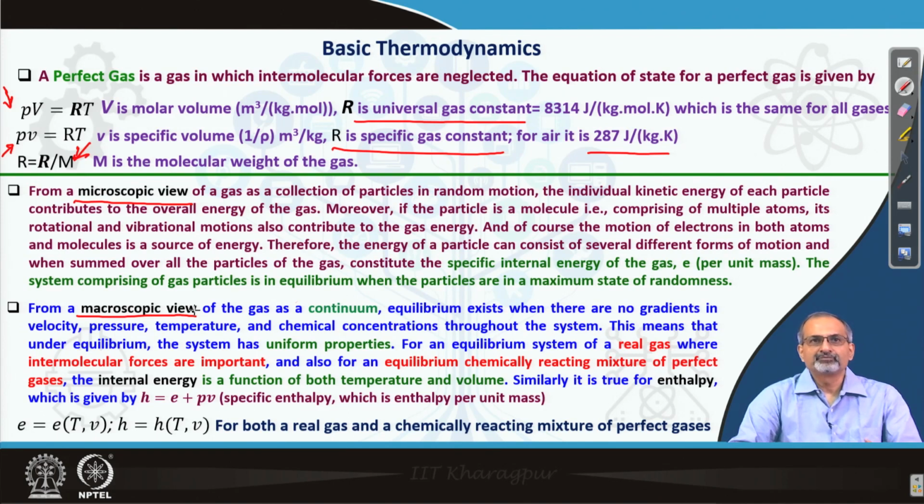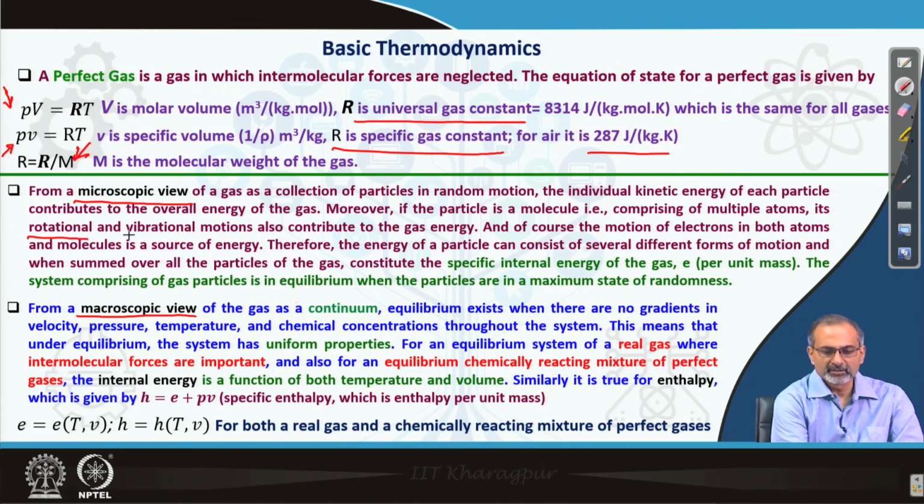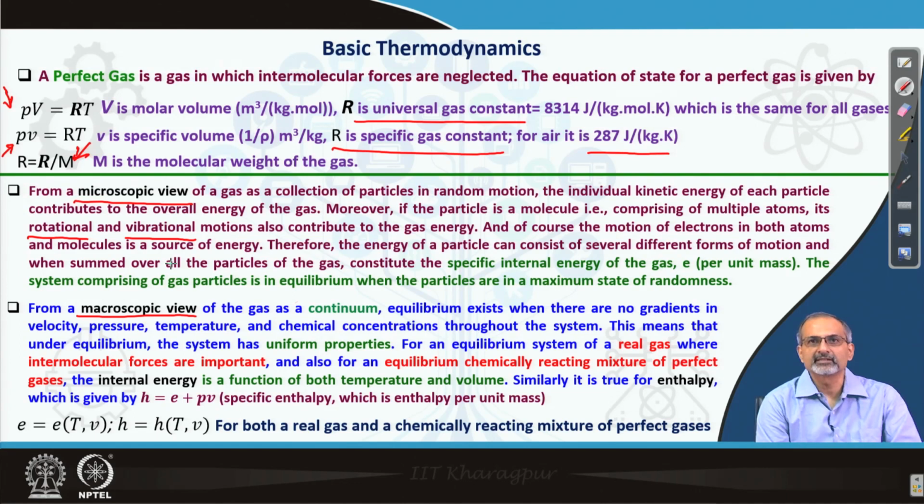It can have different kinds of energy modes comprising rotational and vibrational motions, not only translational motion. And additionally, they would also have the electronic energy coming by virtue of the motion of electrons in both atoms and molecules, which contribute to the source of energy.